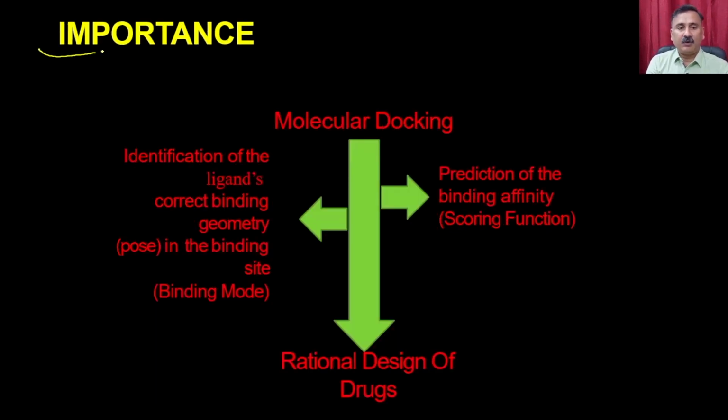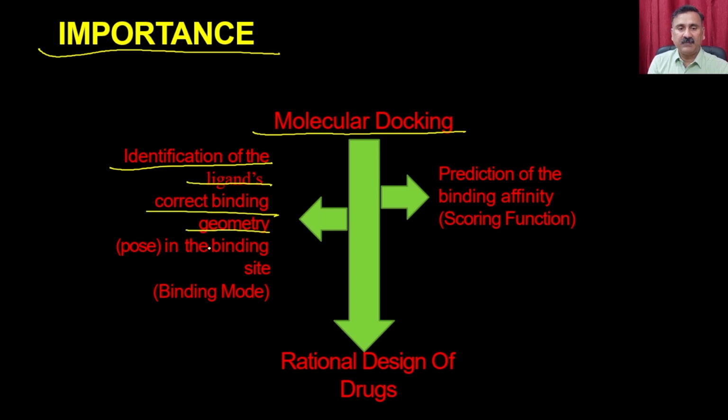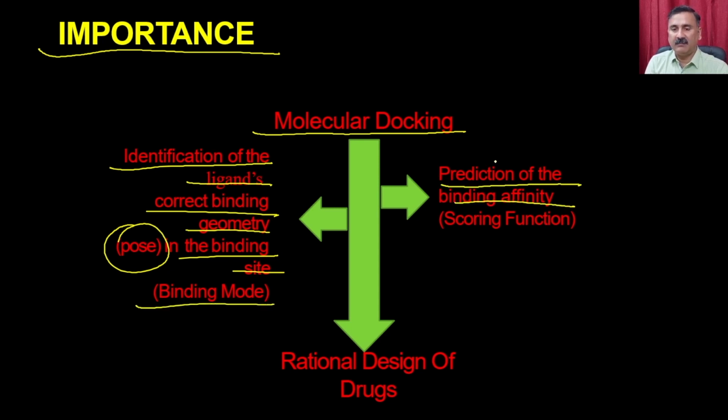So what is the importance of molecular docking? Molecular docking is going to identify the ligand's correct binding geometry, or the pose, in the binding site or the binding mode, and it is also going to predict the binding affinity or the binding scores.